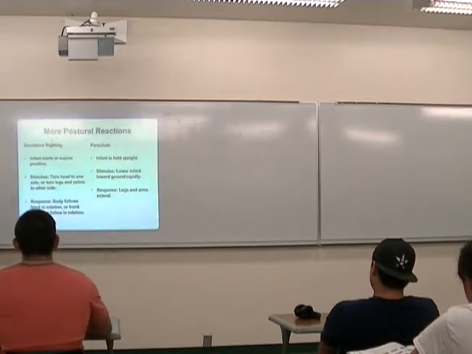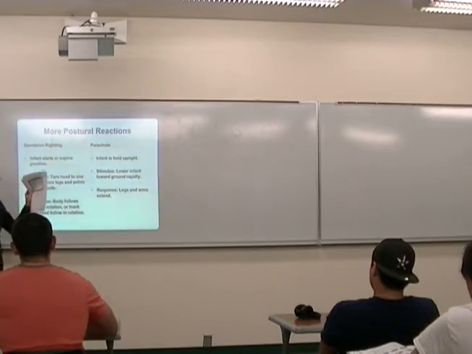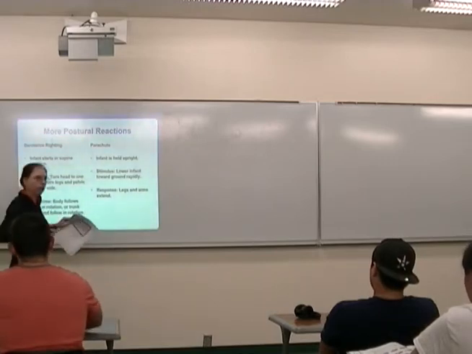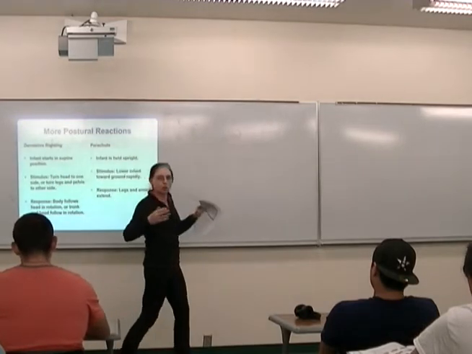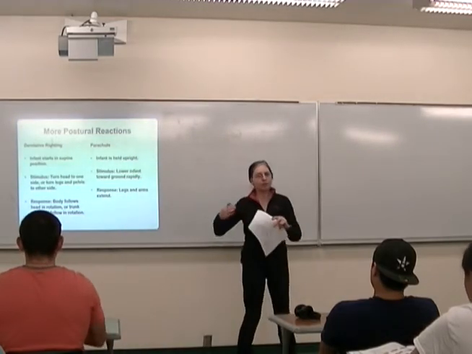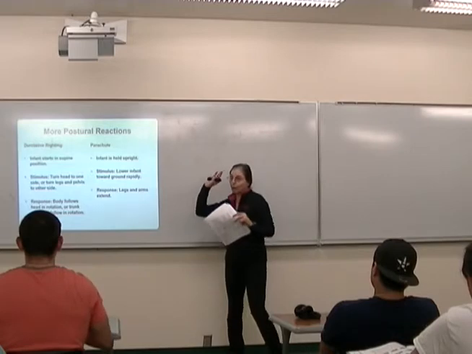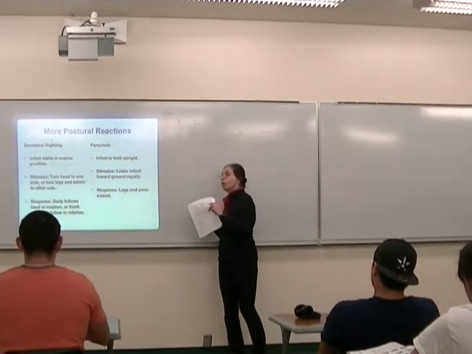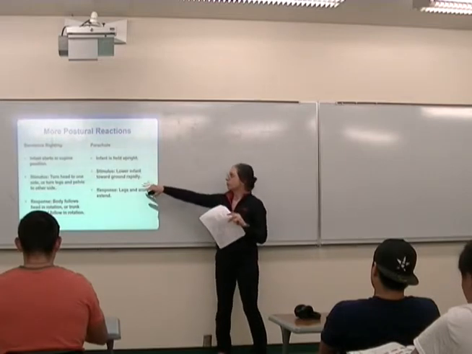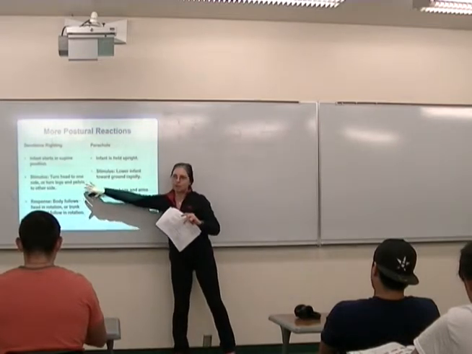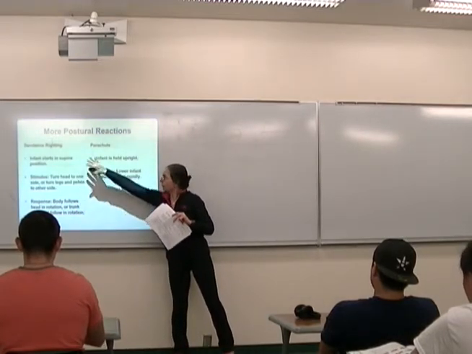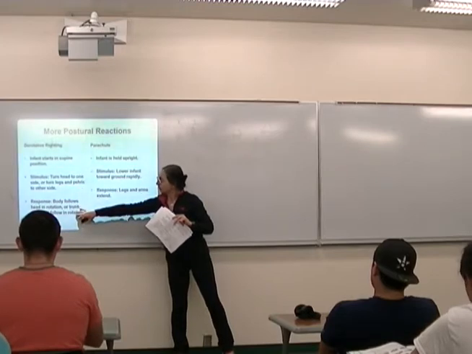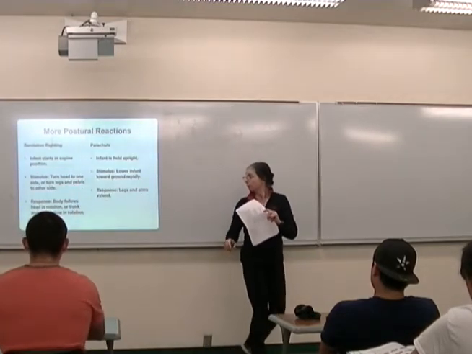Right? So right now, it doesn't have the strength to roll over. Remember how big its head is in relation to the rest of its body, right? It's just not strong enough to roll over. It's got to develop that strength, and the brain has to learn, what do I turn on in order to roll? Right? So these are all things that the brain is learning and that are going on while we see that one.